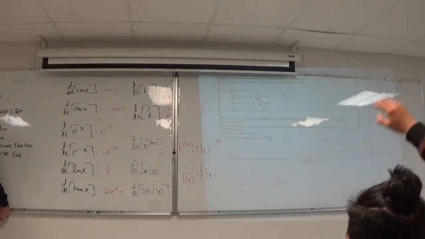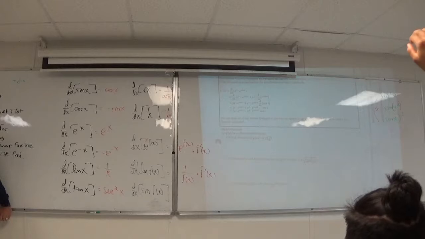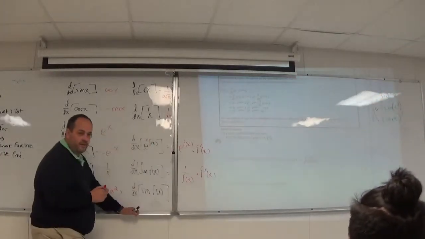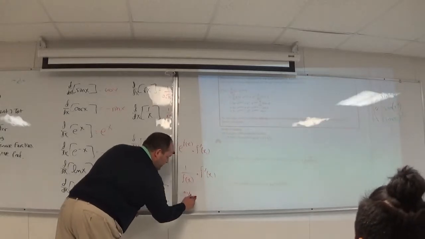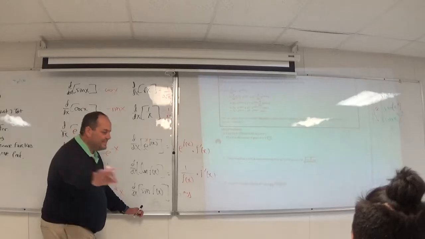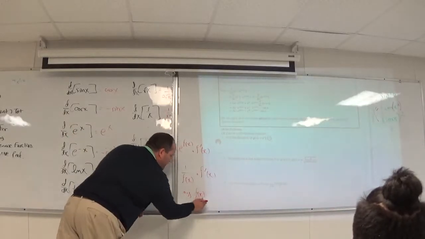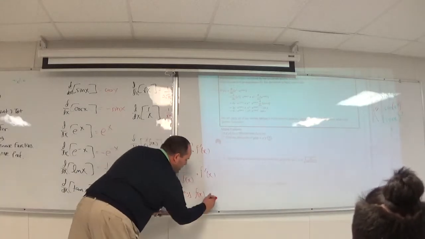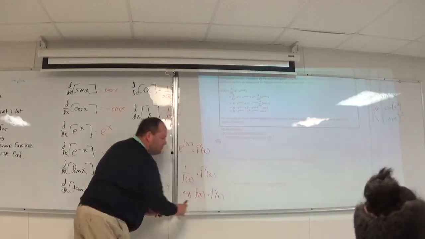Hoping for a little more. Thanks for playing with me on my birthday. I appreciate it. What's the derivative going to be? Cosine of what? Cosine of f of x, times f prime of x.